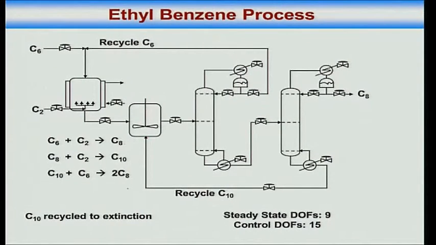Now if you look at the two reactions at the bottom, there is the diethyl benzene formation reaction and there is the diethyl benzene consumption reaction. Second reaction is diethyl benzene formation, third reaction is diethyl benzene consumption.